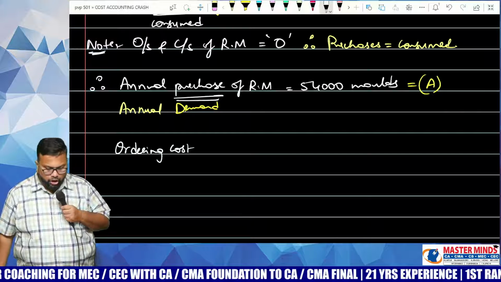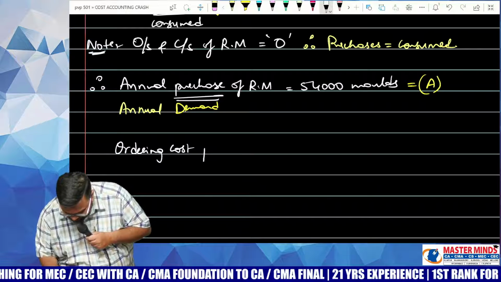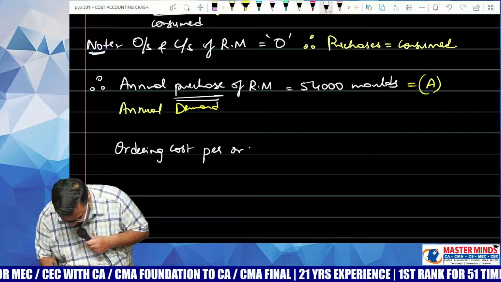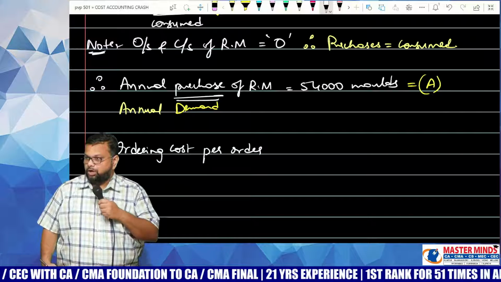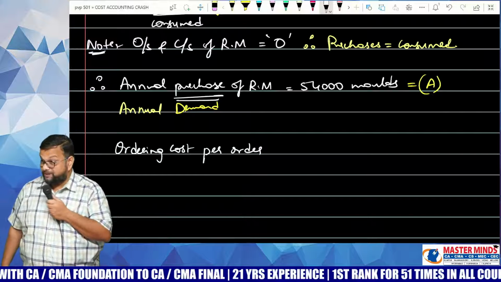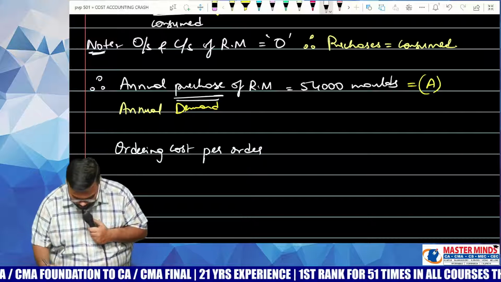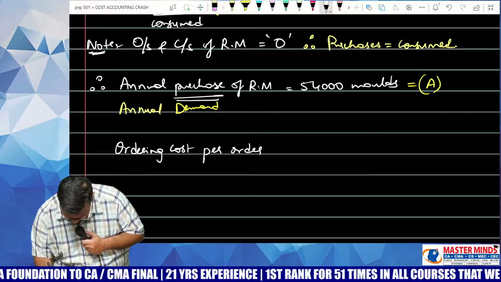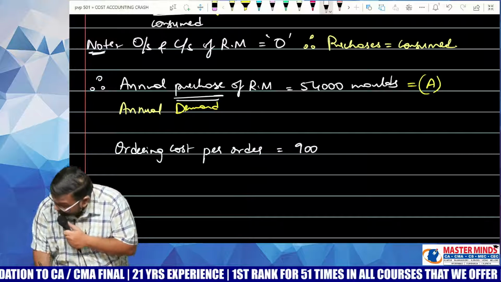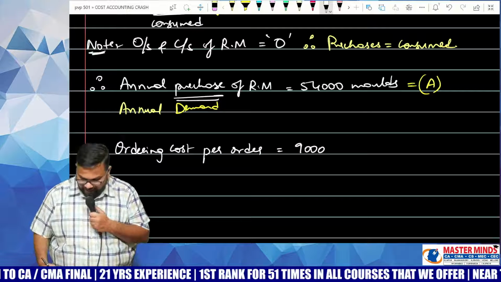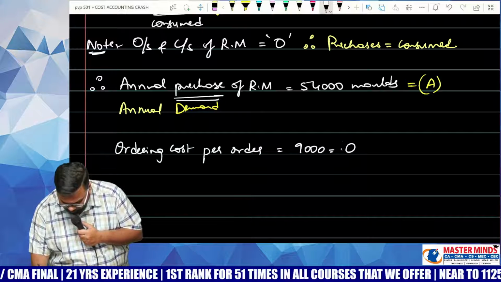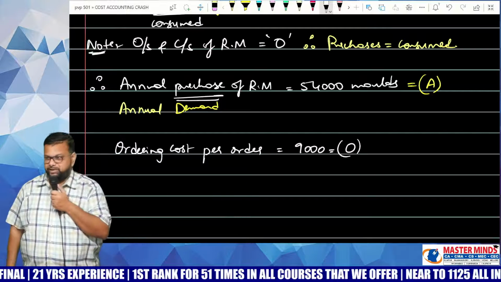Ordering cost is always expressed per order. So, ordering cost per order is equal to 9,000 rupees, and it is represented with the letter O.